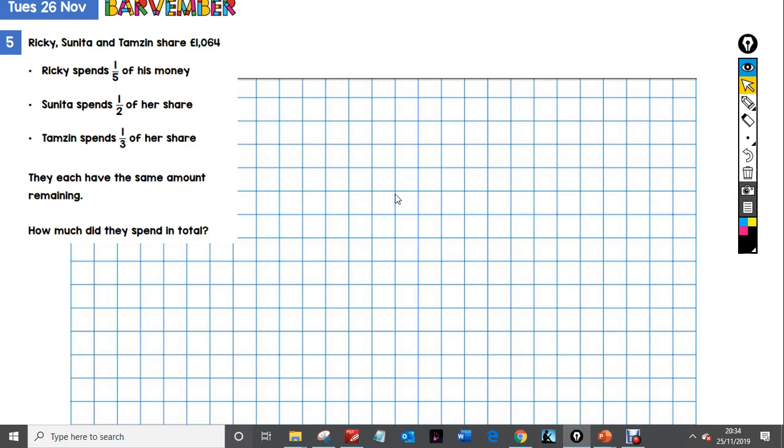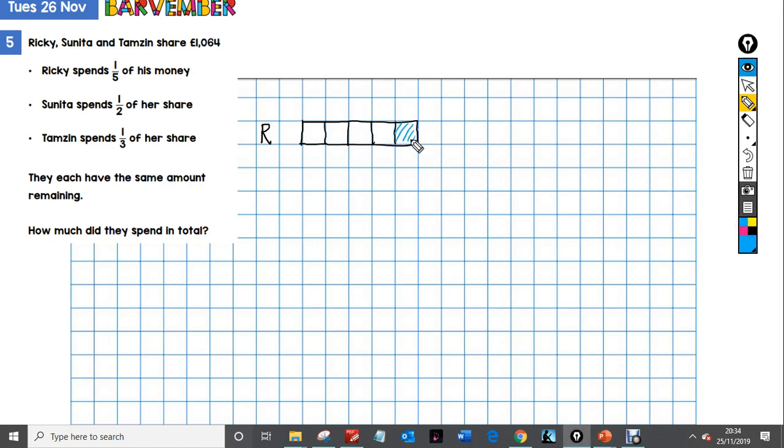Okay, well, what I'm going to do is start by drawing a bar for Ricky. There's Ricky, and I'm going to draw his bar, and we're told he spends a fifth of his money, so I'm going to give him a bar that I can divide into fifths. So 1, 2, 3, 4 and 5, and we're told that he spends 1/5 of his money.